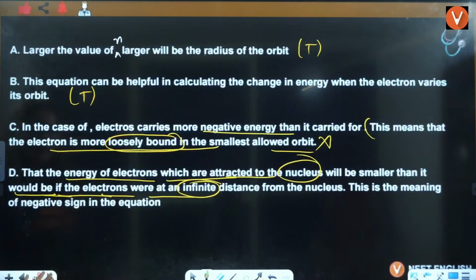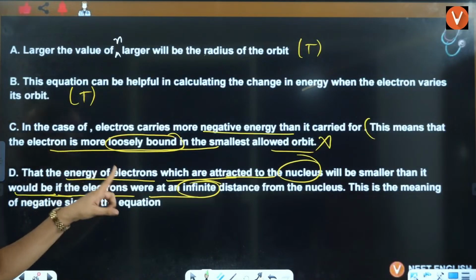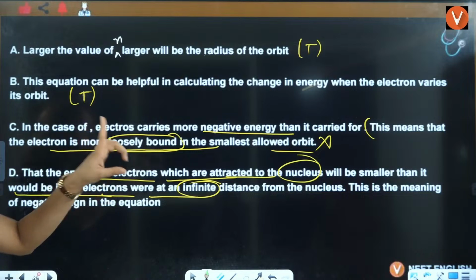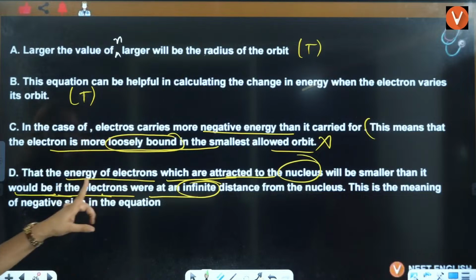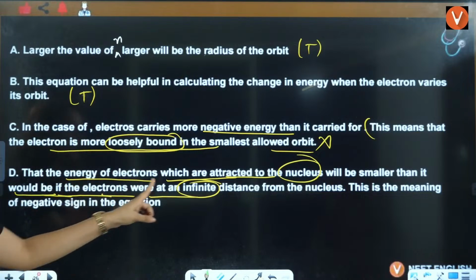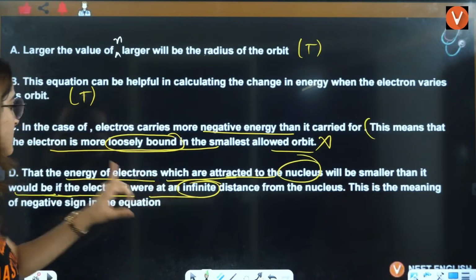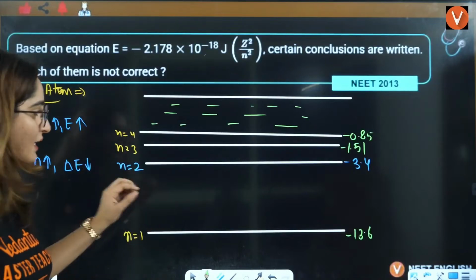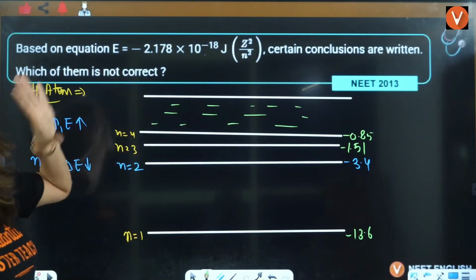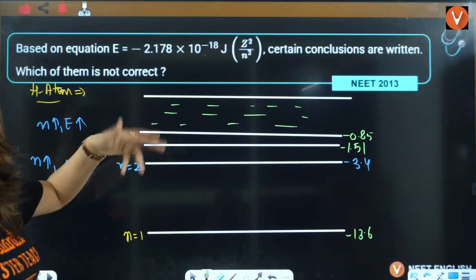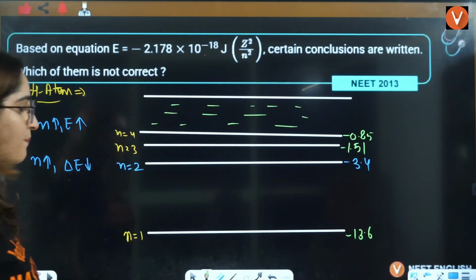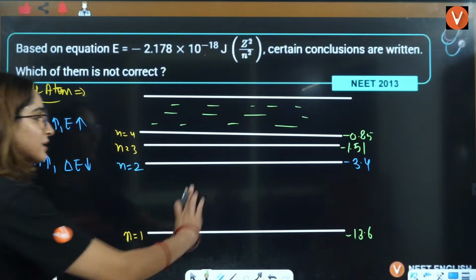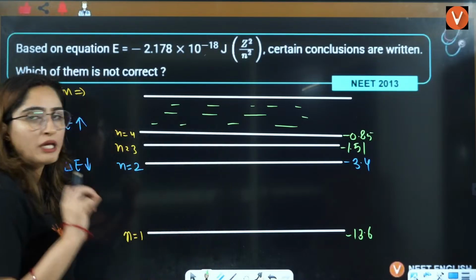So this is what they are saying here, that the energy of the electron which is attracted to the nucleus will be smaller than it would be if the electron were at infinite distance from the nucleus. This is the meaning of the negative sign, that as you go to infinite distance, the energy is going to increase, and as the distance decreases, the energy is going to decrease.